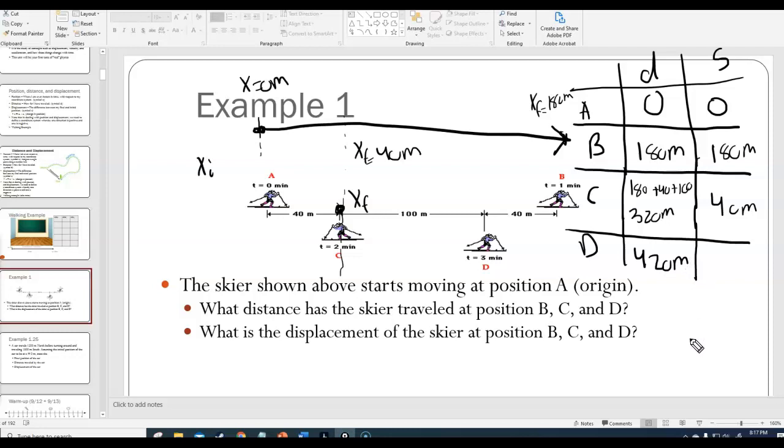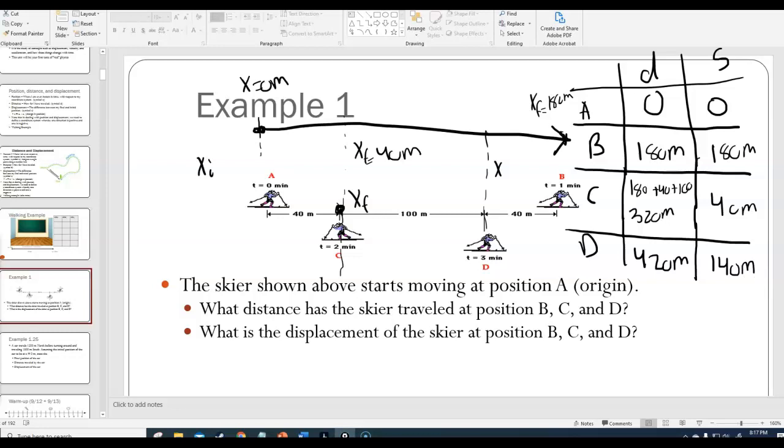And their displacement at D, that means their position at D, would be 40 plus 100 from where they started. So their position there would be 140 meters, and so their displacement would be 140 meters at D.